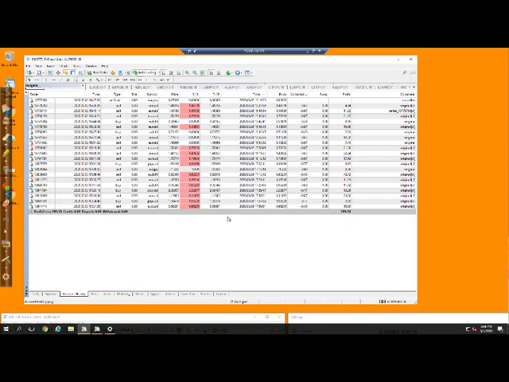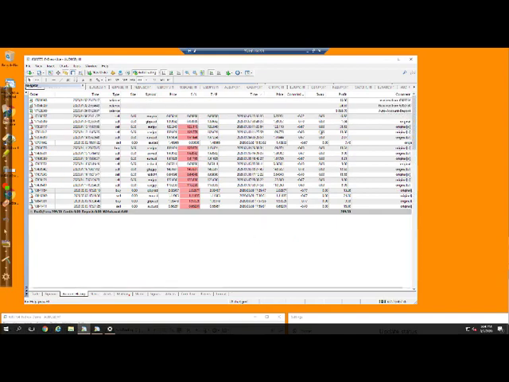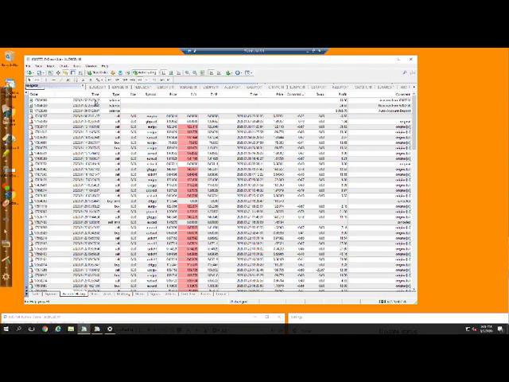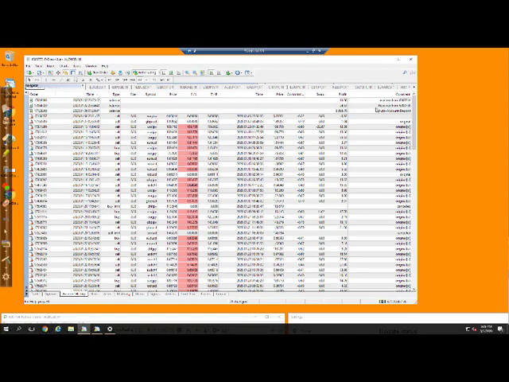But let's say we wanted to see all of the trades that have gone into the account since the account was opened. Then we could right click down here and just say, show me all history, please. And now it's going to give us all the history from the original date that the deposits were made. The trading began January 6th.